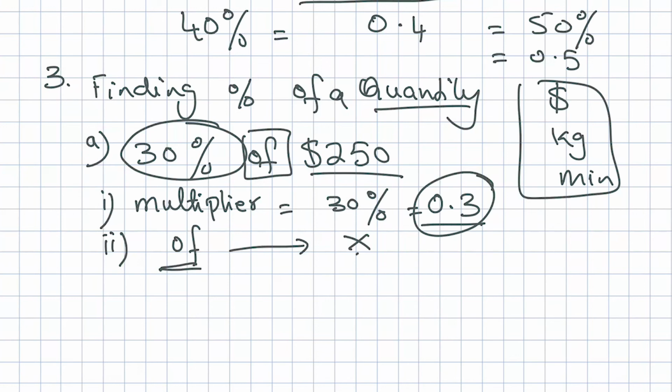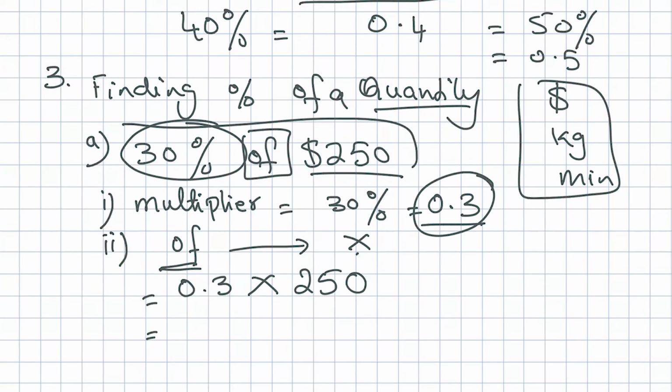So let's rewrite the whole thing again. 30% changed to 0.3, which is now your multiplier, of replaced by a times sign, and we are not going to write the dollar sign, we are only going to put 250. Depending on how good you are at multiplying decimals, you can use your calculators for it.